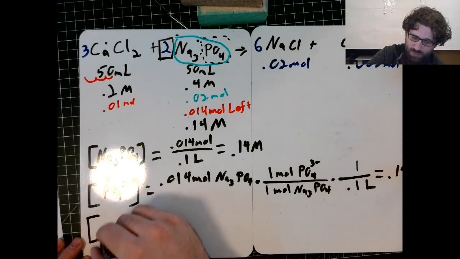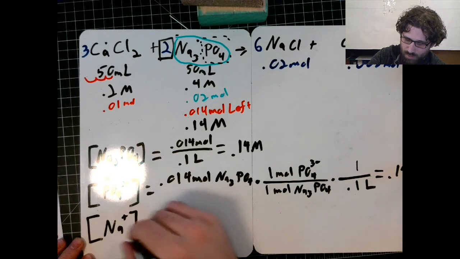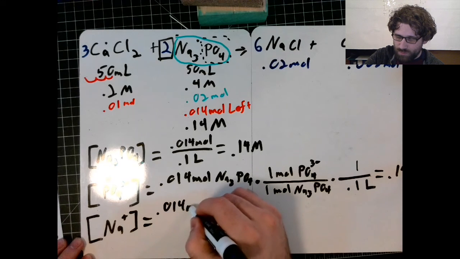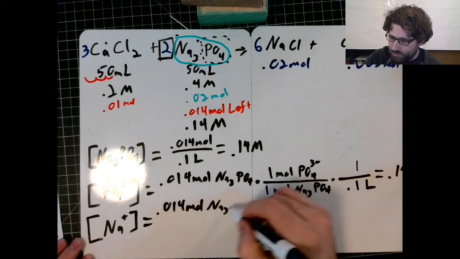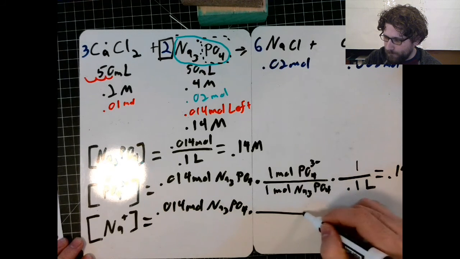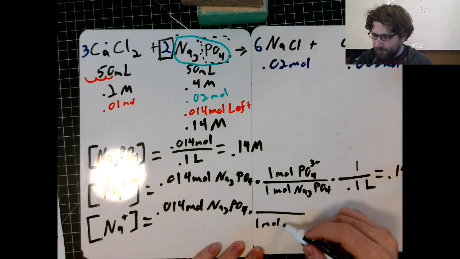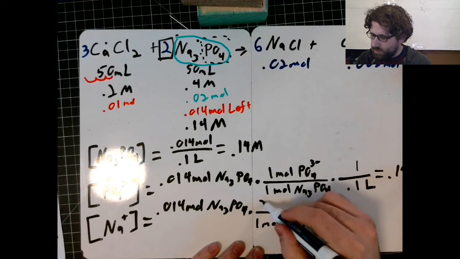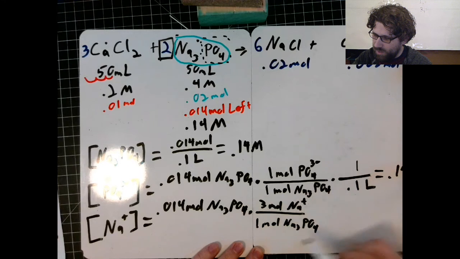Finally, concentration of Na plus. So again, we're going to start with our 0.014 moles Na3PO4. And 1 mole Na3PO4 is 3 moles Na plus.